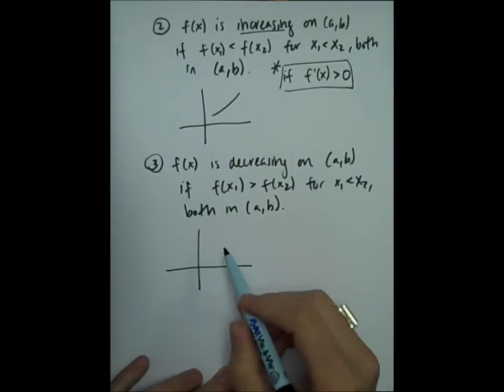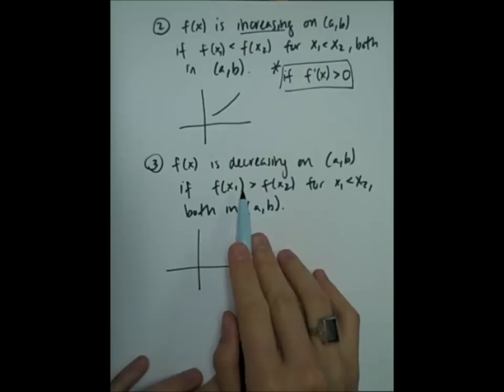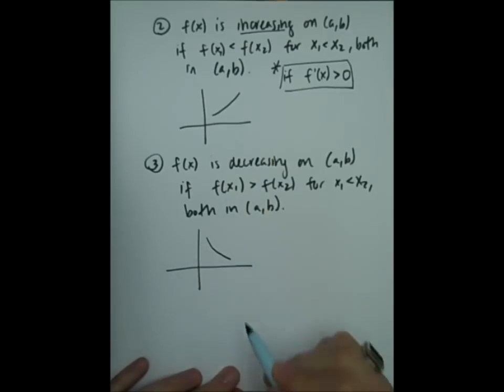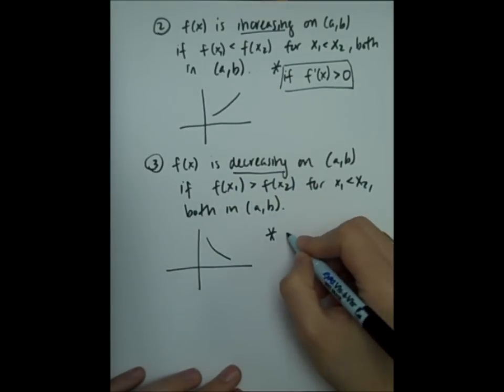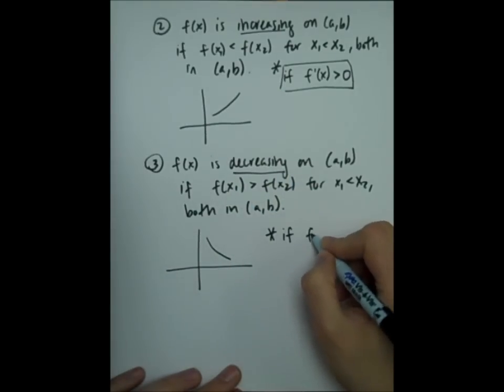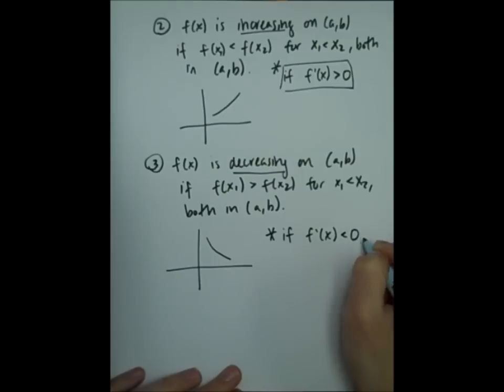Pictorially, this is saying that as I go from left to right, the function values are getting smaller, so something like this. From now on, because of the mean value theorem, whenever we see decreasing, we say a function is decreasing if the derivative is negative. So if f prime is negative, then it's decreasing. Alright, so those are the main 3 things.